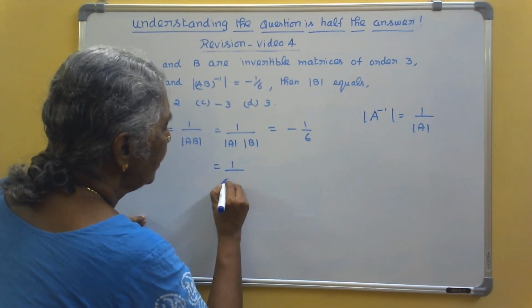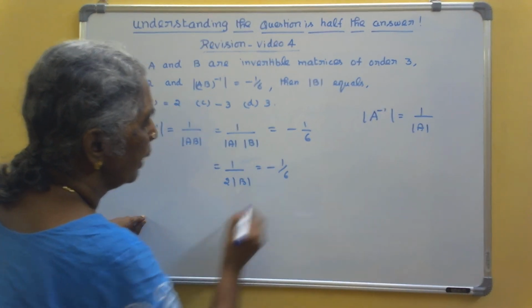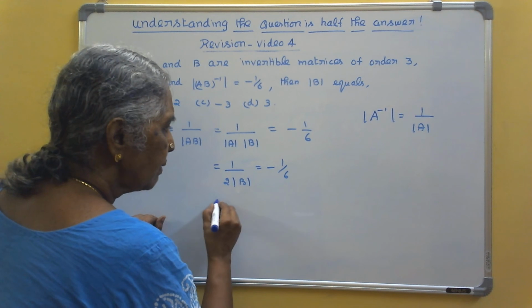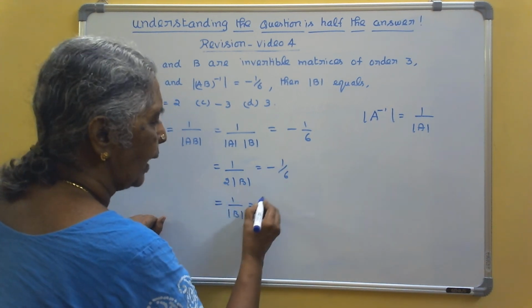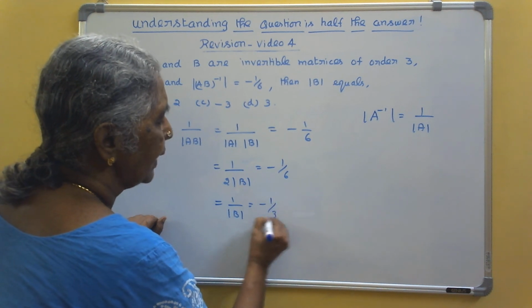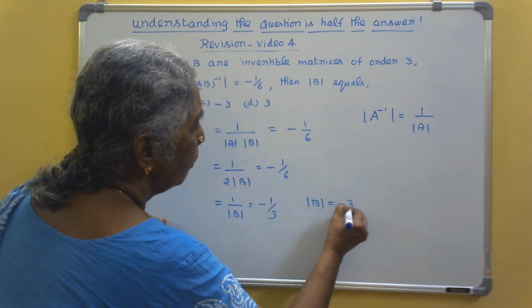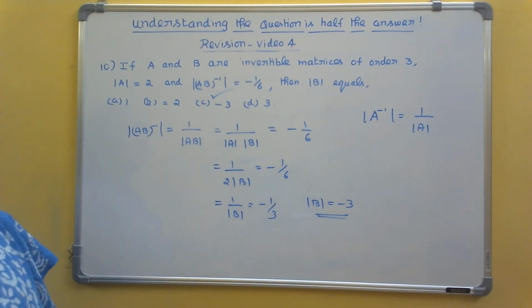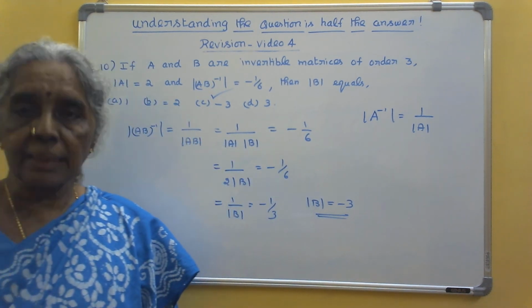So 1 by 2, then determinant B, that is minus 1 by 6. So now let us write 1 by determinant B is equal to, 2 alone I take here, I will get minus 1 by 3. So reciprocating we get determinant B will be minus 3. So the option C. So here you should know this and this concept, then you can do the sum.